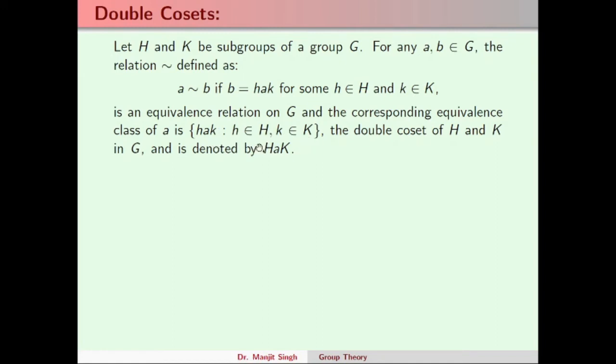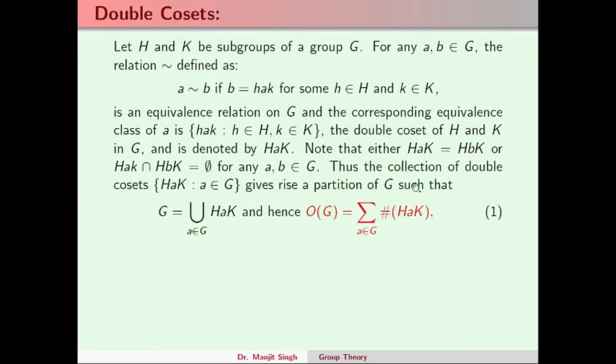So these equivalence classes give a partition on G, and they will be either identical or disjoint, and therefore the collection gives rise to a partition of G, and hence G can be written as a union of these subsets of G. And since these subsets are disjoint, we can write the order of G as a sum of the number of elements of these subsets.